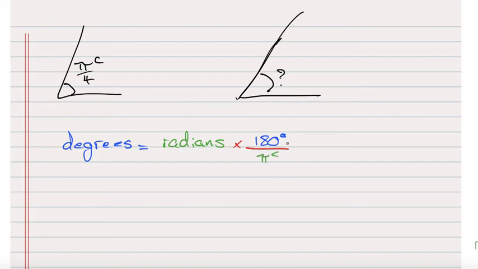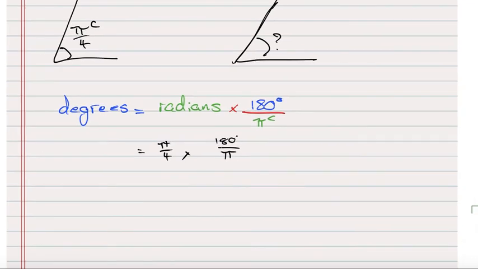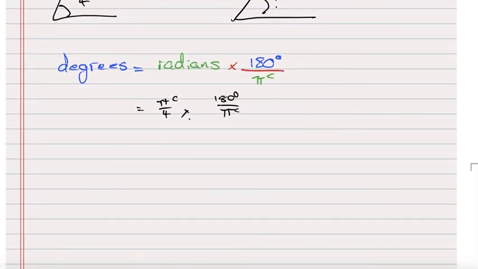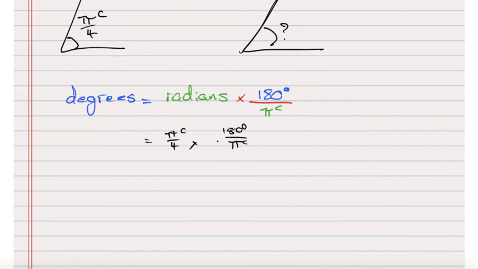And notice that I've written the symbols for each, so the degrees upstairs with the little degree sign, and the radians downstairs with the little c, which denotes radians. Let's substitute in pi over 4 times 180 divided by pi. Firstly, we're going to lose the pi component, so pi divided by pi cancels out and says goodbye to the radian symbols as well, which is nice.